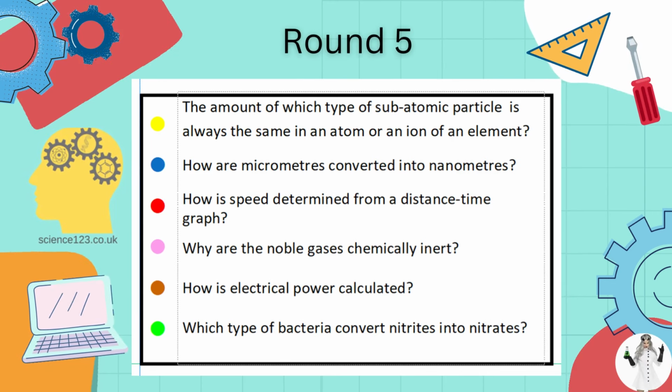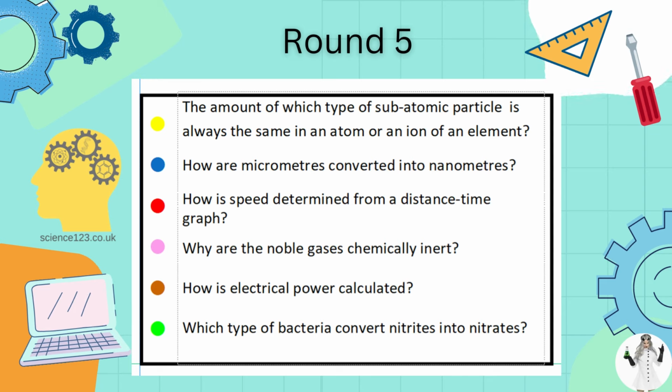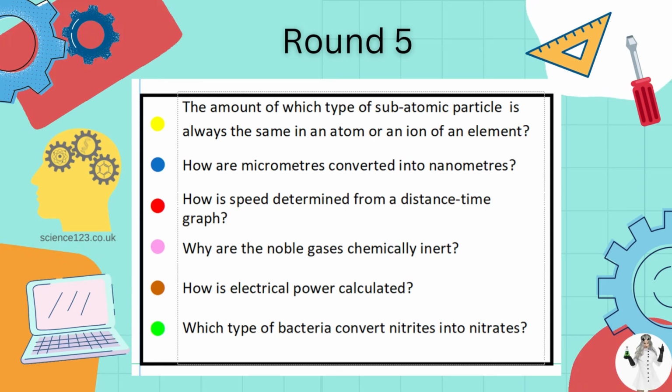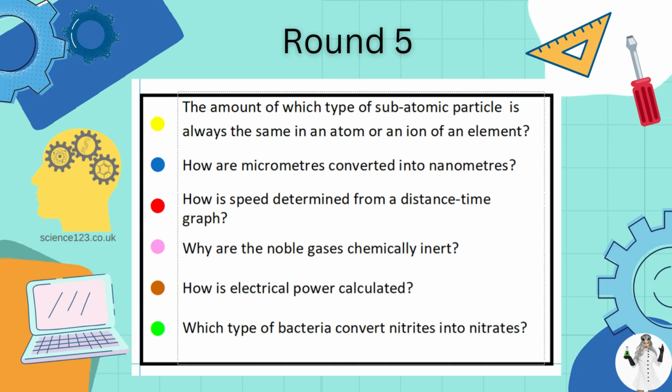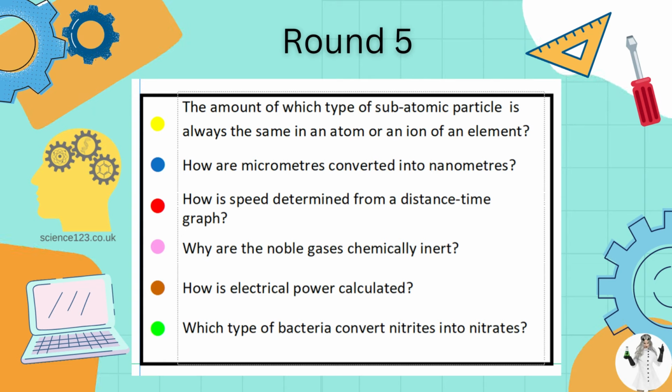The amount of which type of subatomic particle is always the same in an atom or an ion of an element? How are micrometers converted into nanometers? How is speed determined from a distance-time graph?